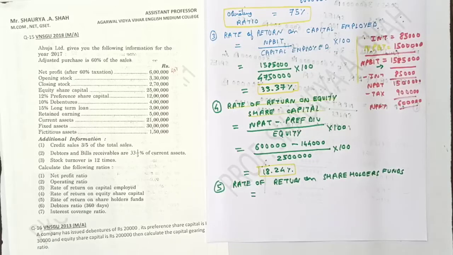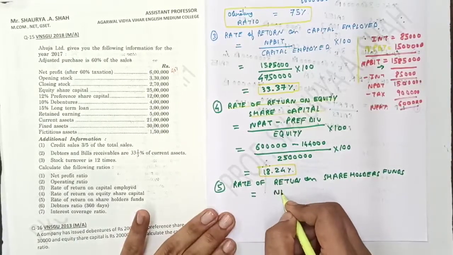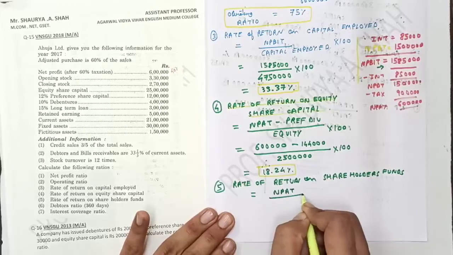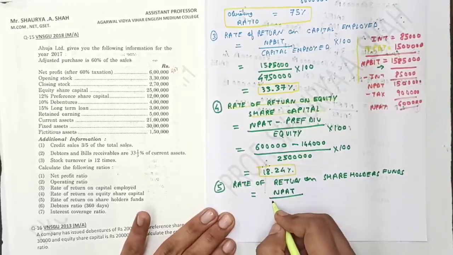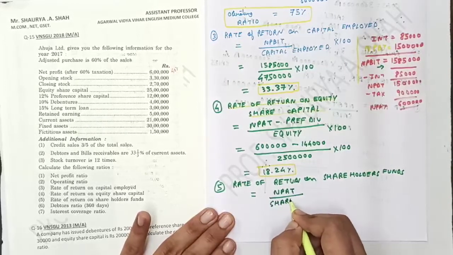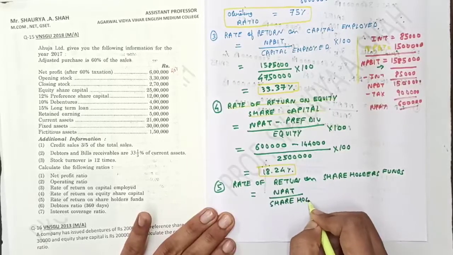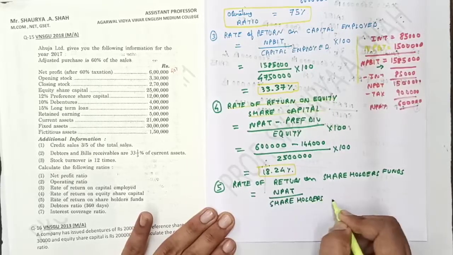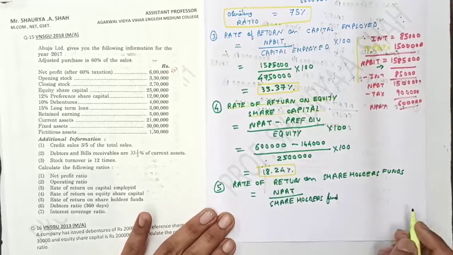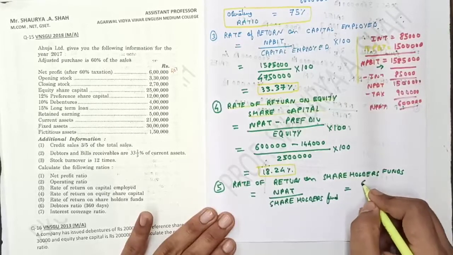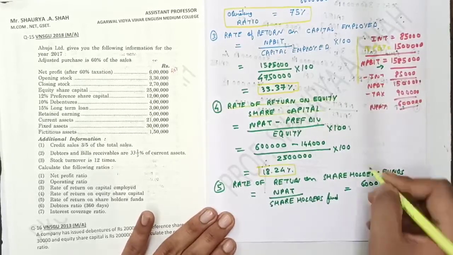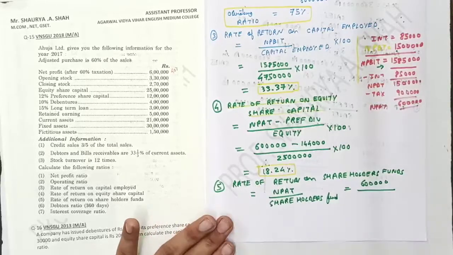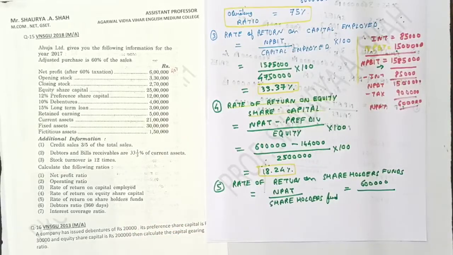Rate of return on shareholders funds, again we have to take net profit after tax, because shareholders funds is always after tax, divided by shareholders fund. So what is my net profit after tax? 6 lakh, already given in the sum, also we had taken in the previous equation, divided by shareholders fund, right?